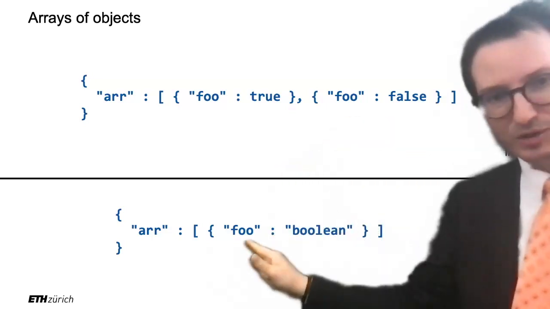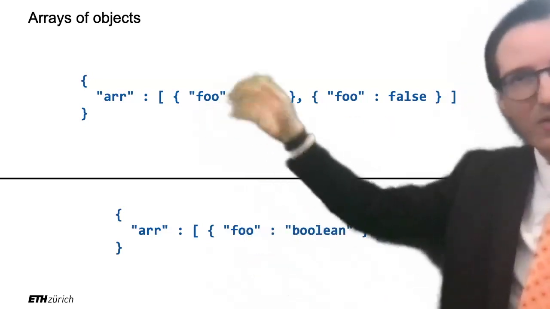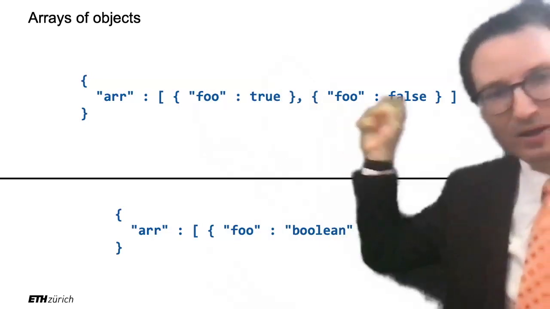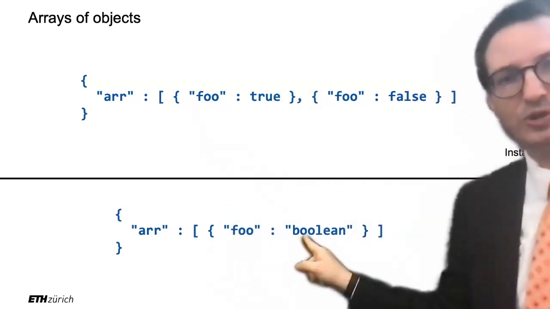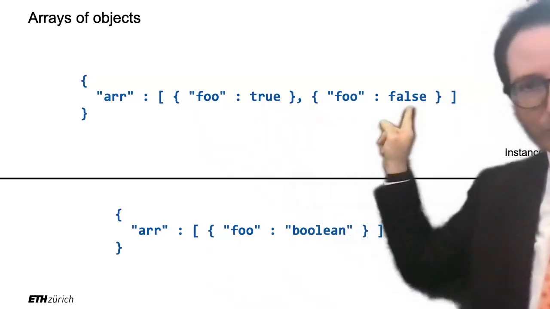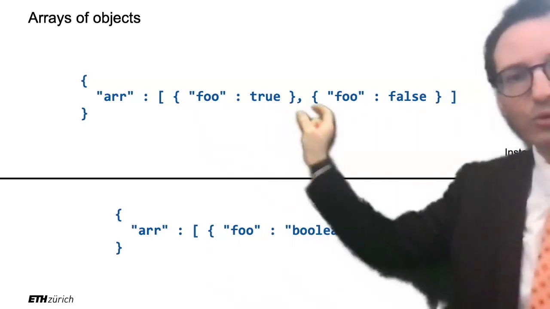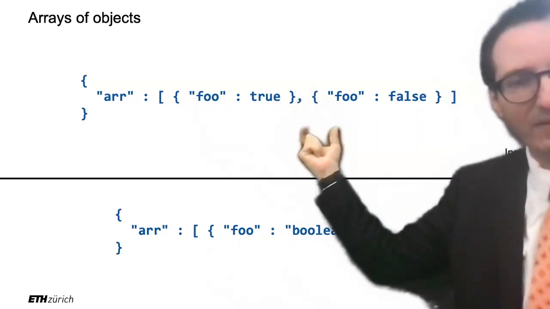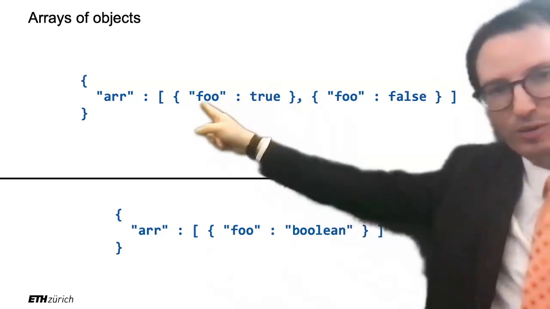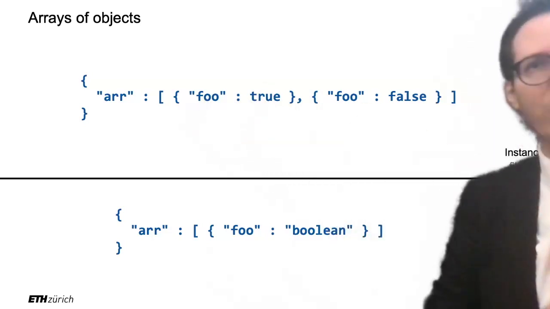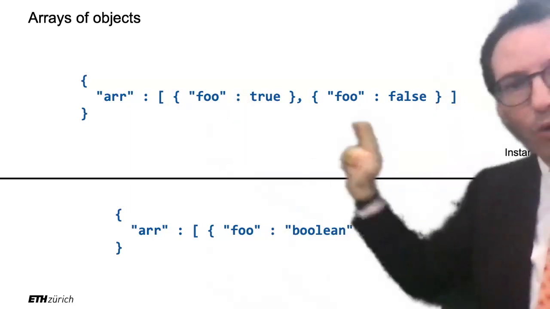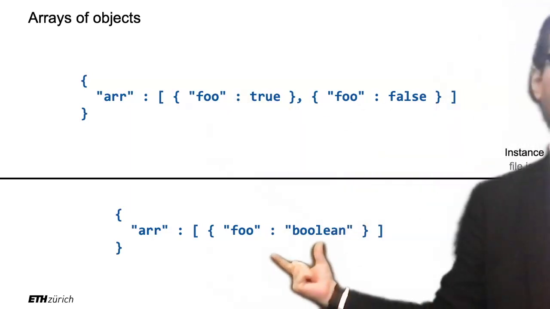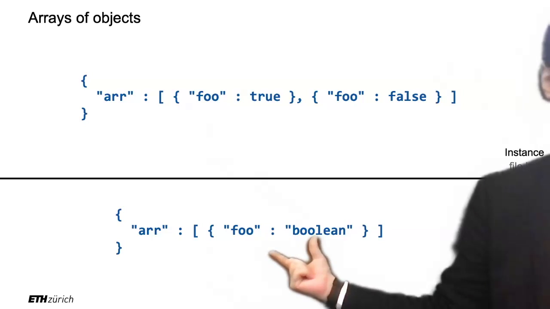That's the first condition. So if you had bar or anything else, that would be invalid anywhere. The second condition is that if it exists, the key foo must be associated with a Boolean. It has to be true or false. So I could have an empty object that would be fine, but apart from empty objects, I have to have foo associated with a Boolean, right? Even if I have 1,000 objects in there, they all must follow exactly that pattern. Did I answer your question, or is it still open?